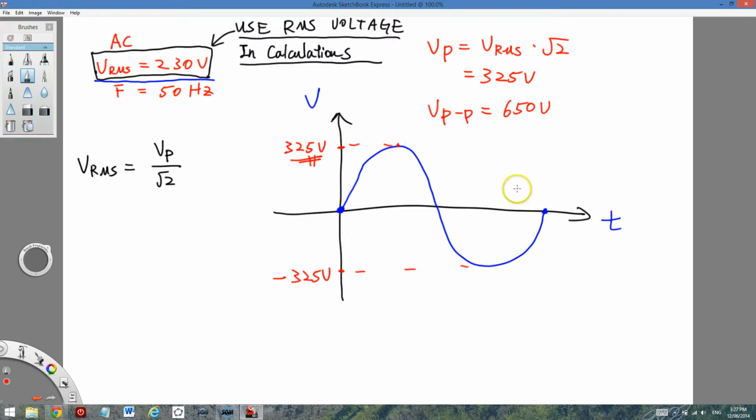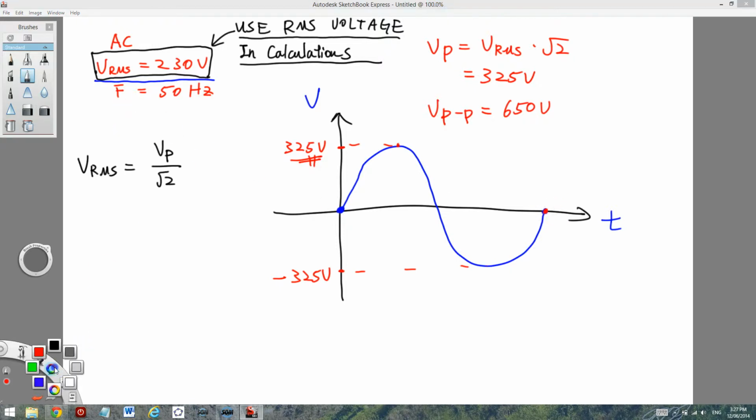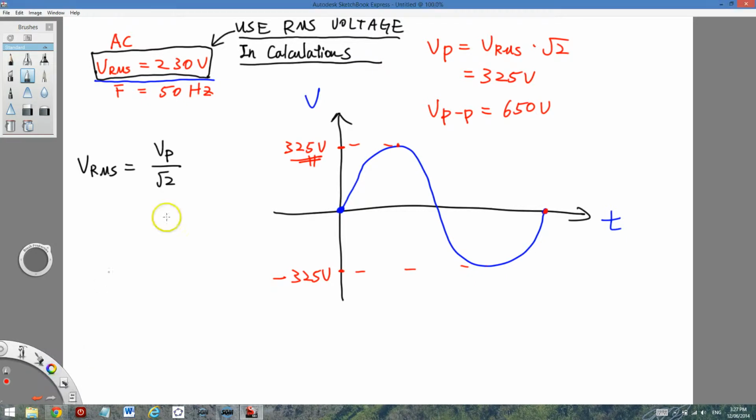Now, we're done for the voltages. Then we need to worry about the frequency and the period. Wikipedia told me it is 50 hertz. It means there are 50 cycles, 50 periods in 1 second.